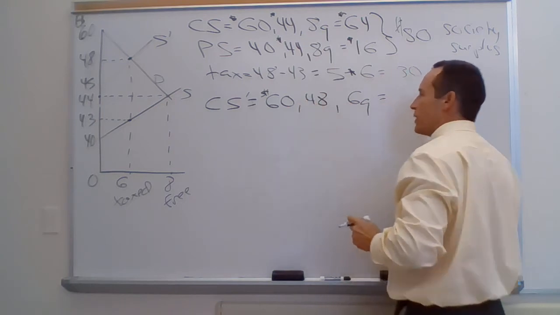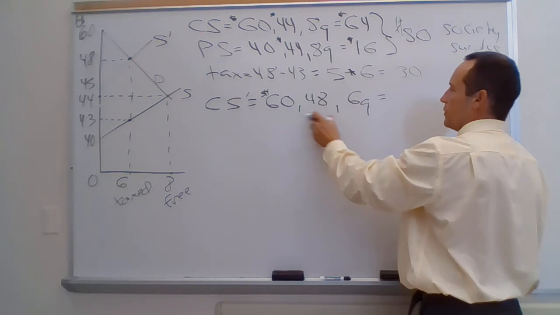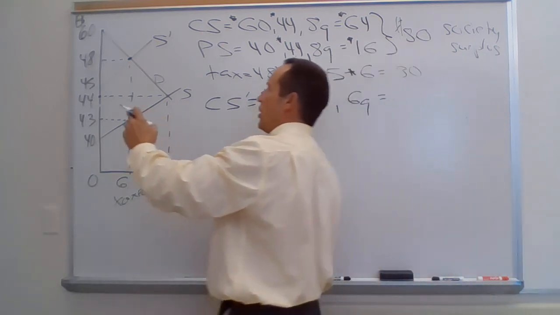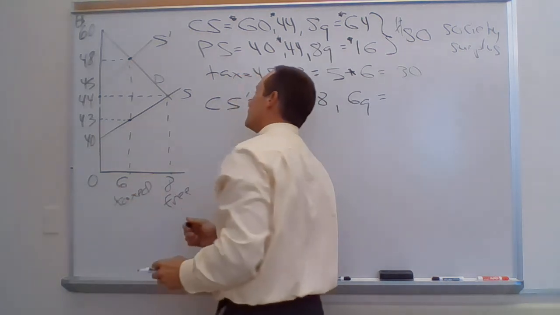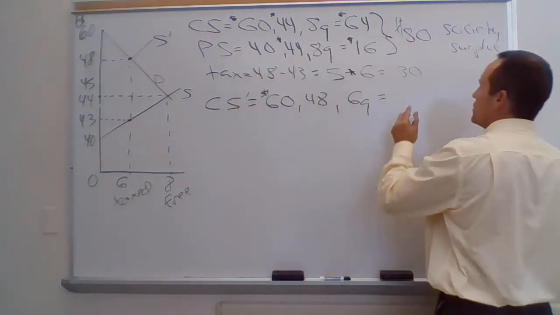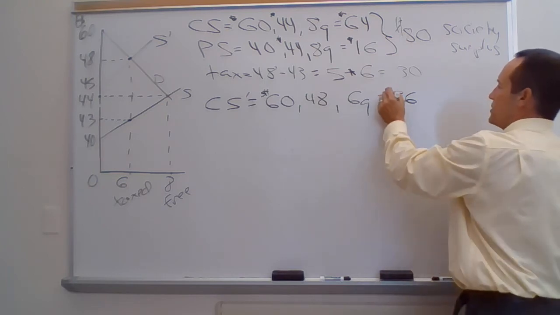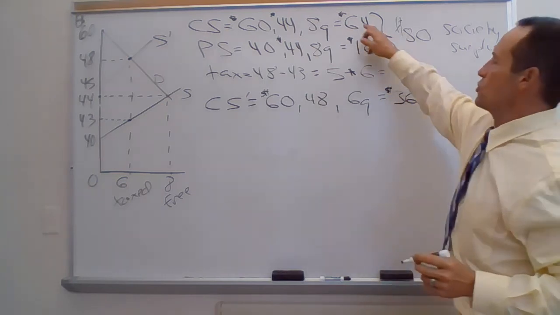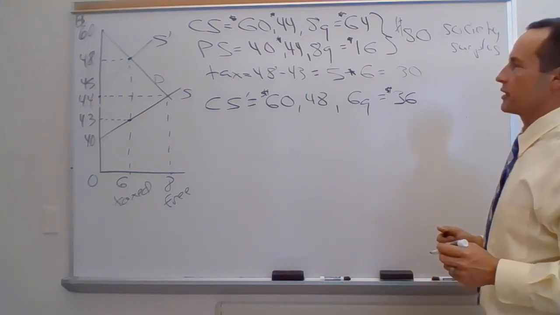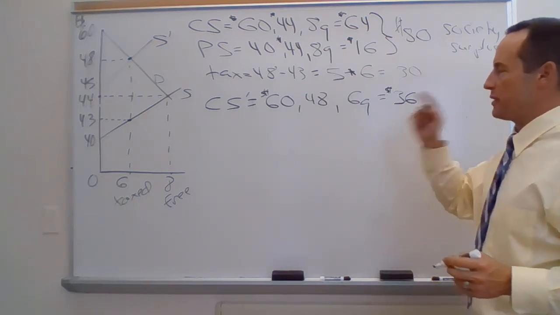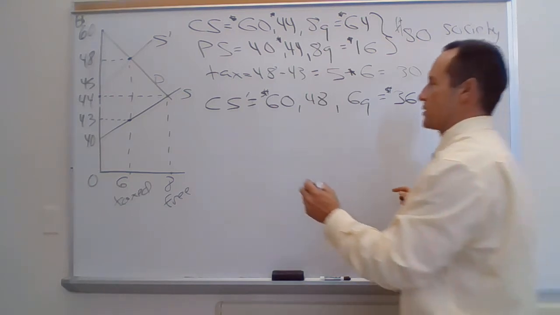So here we have a triangle that is 12 tall, 6 wide, times 1/2. So now consumer surplus is only $36. Their consumer surplus is almost cut in half by this tax. That is amazing. Even though the tax is billed to the supplier, the consumer bears the brunt of this tax.